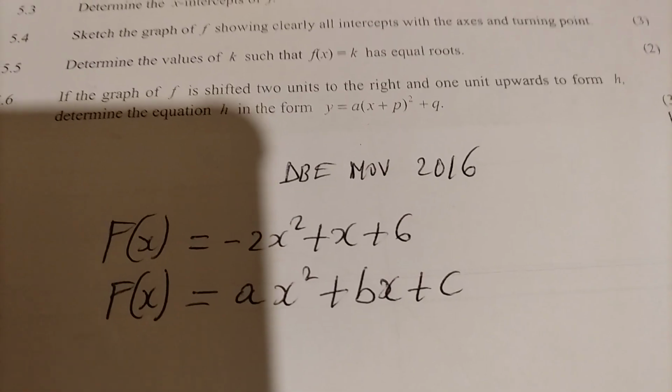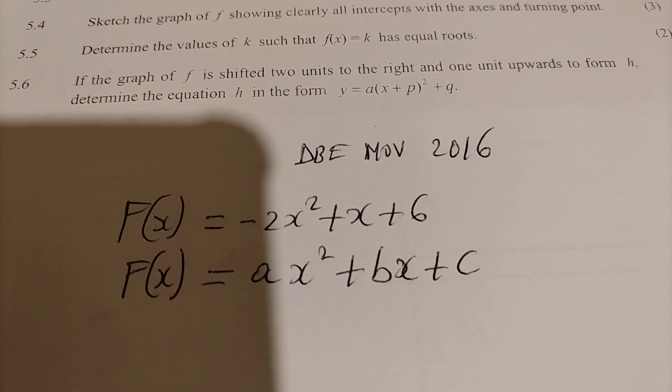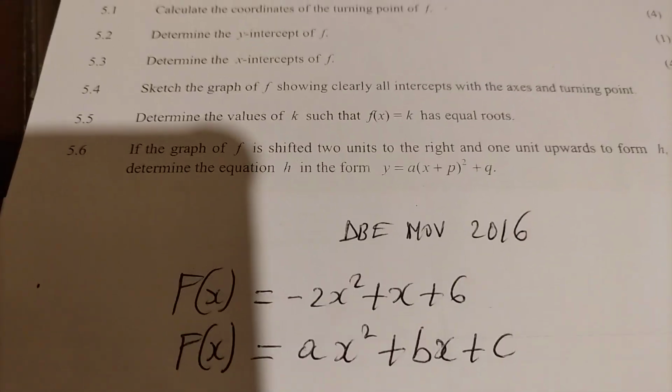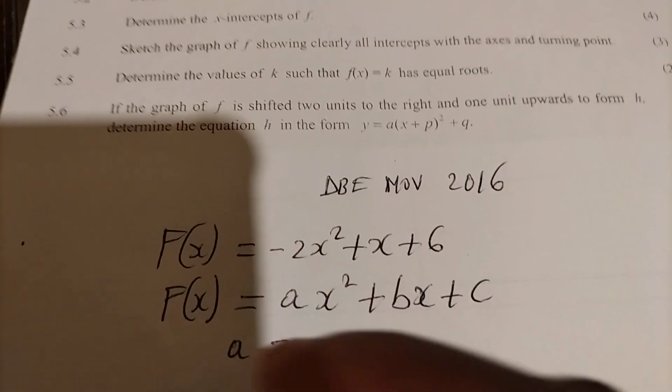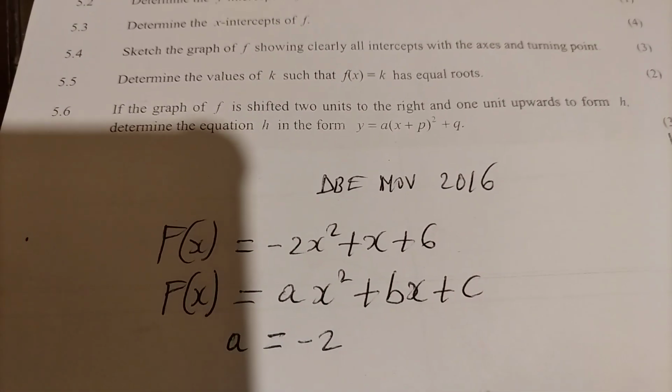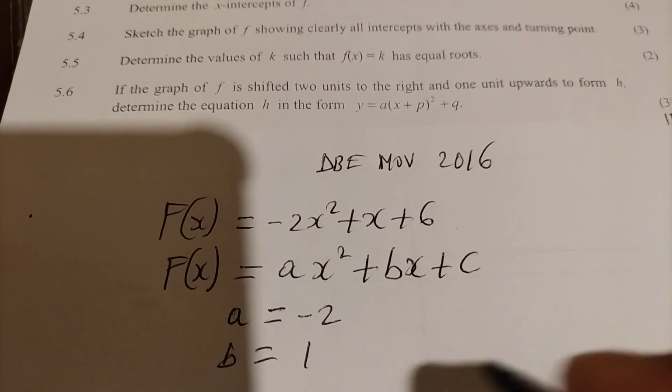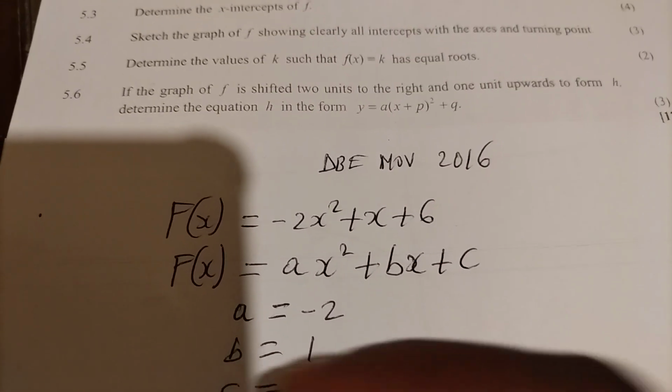So it's an old paper, that's why it's not clear on the screen. It's in this form, which means that a in that equation is -2, and then of course b is 1, and c is 6.